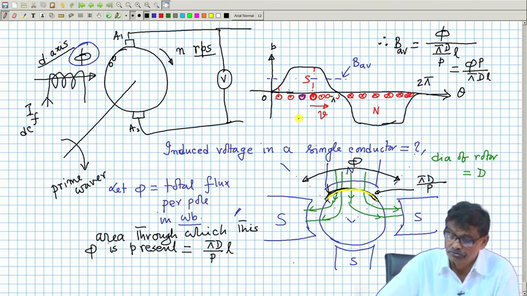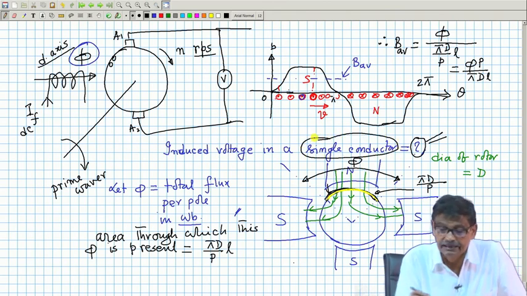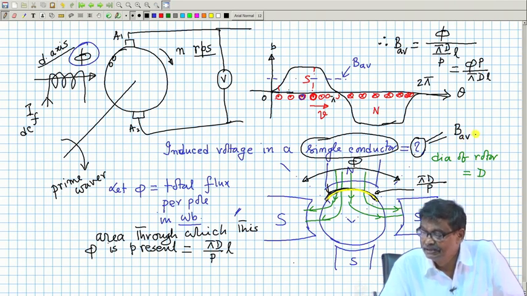So, induced voltage, this question mark, I can now write as, in a single conductor, mind you, will be B average, L length of the conductor, and V the velocity.